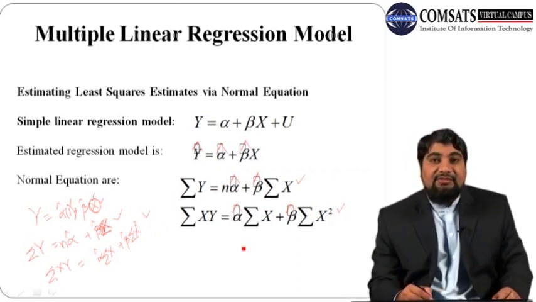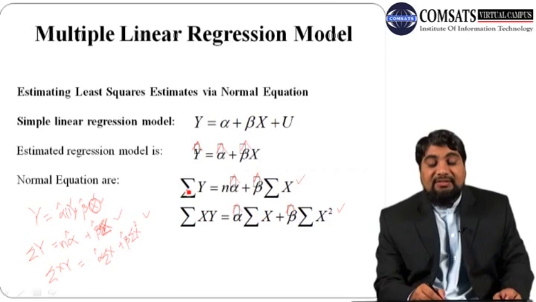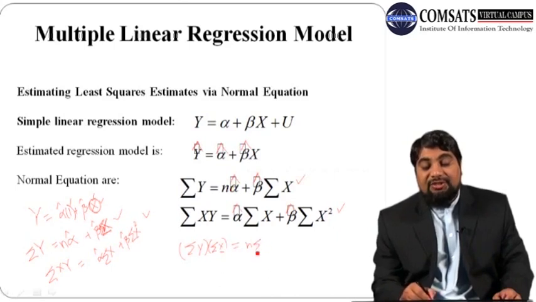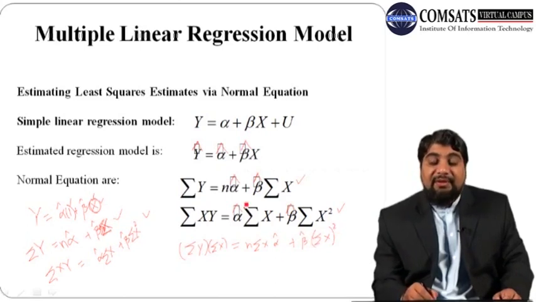Once we have these two normal equations, we can multiply equation 1 on both sides by summation x. Here we will get summation y times summation x, and on the right hand side n summation x alpha hat plus beta hat summation x times summation x, which becomes summation x whole square.